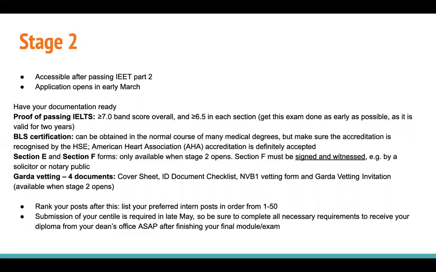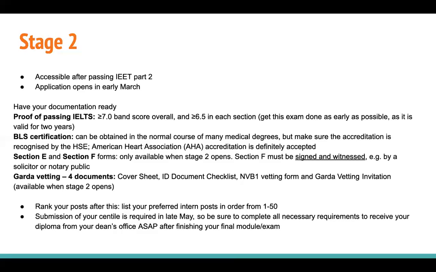You also need your BLS cert. I'm losing my train of thought here, but you can get this BLS cert through the university when you do your emergency medicine module. That's what I was looking for. When you do your emergency medicine module and all that stuff, you can get that cert pretty handy.